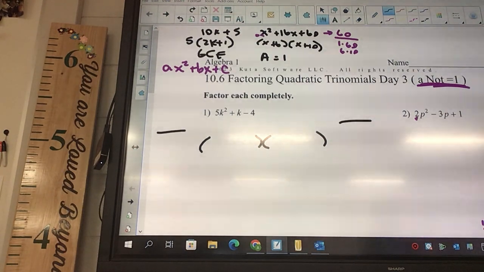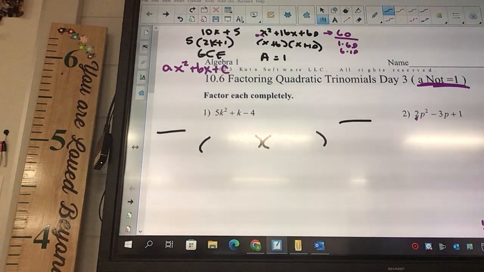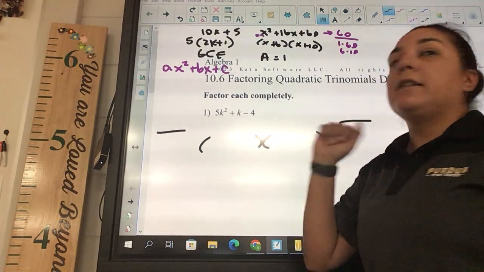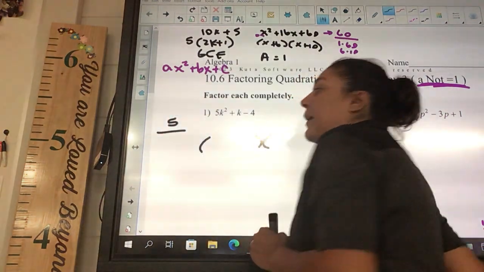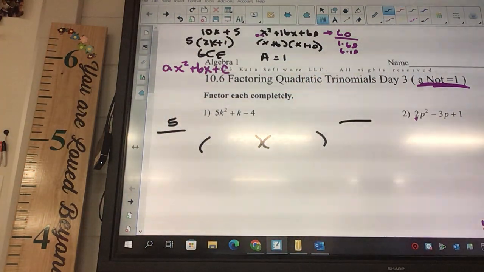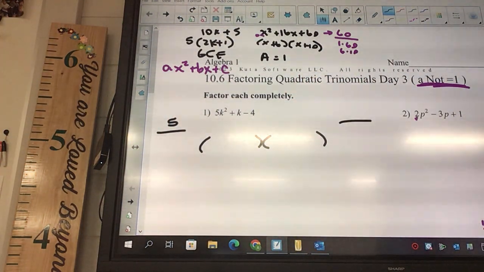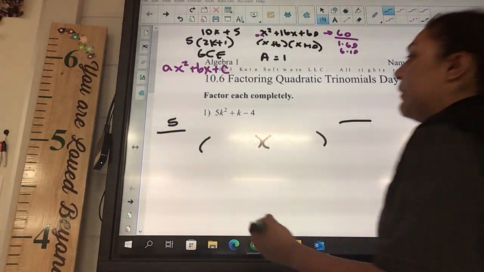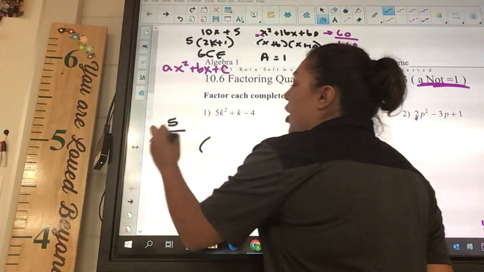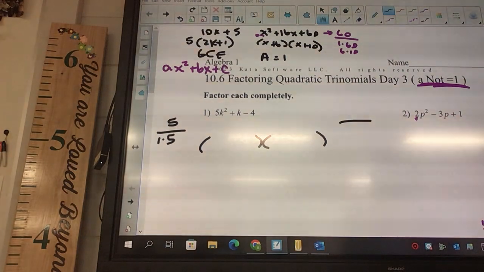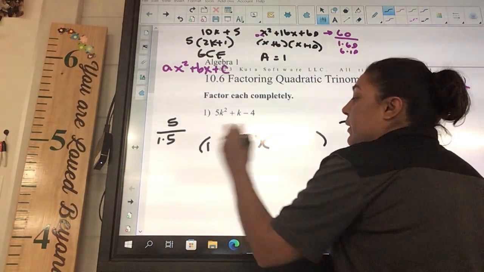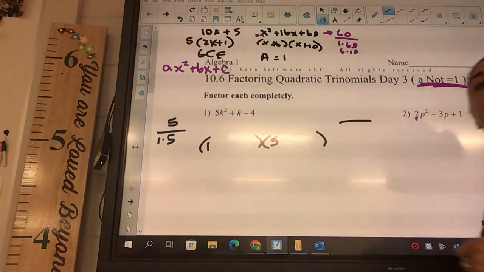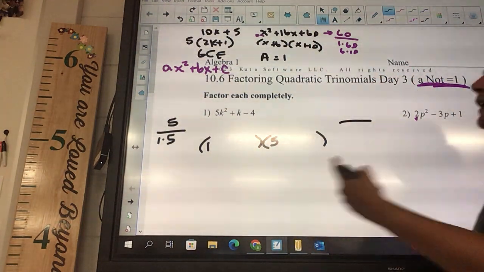Now, the same way we did before, but today, because a is not 1, we're going to start with our a, and we're going to make a list of a, which so happens to be 5. What are some factors of 5? 1 and 5. Now, I did try to pick all prime numbers for you for your a, so there's only one option. Because it's 1 and 5, we're going to say 1 and 5. And then the same way that we did before, we can say k and k.